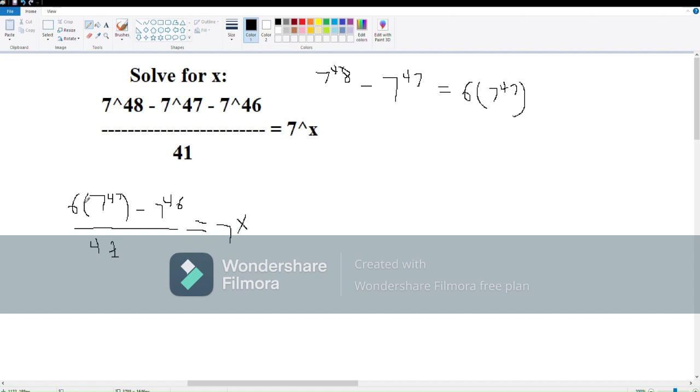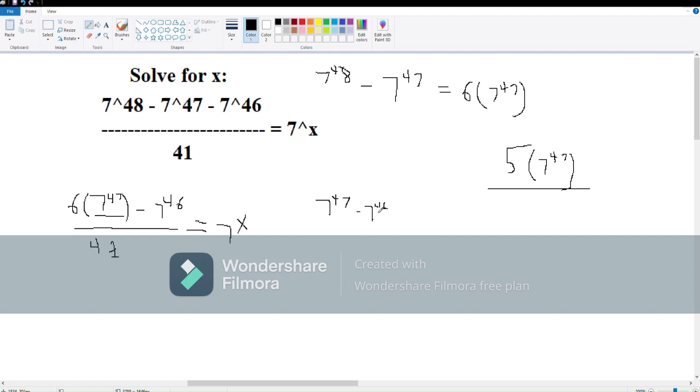Now, from here, what we want to do is use the same logic. So now it'll just be 7 to the 47th power minus 7 to the 46th power.